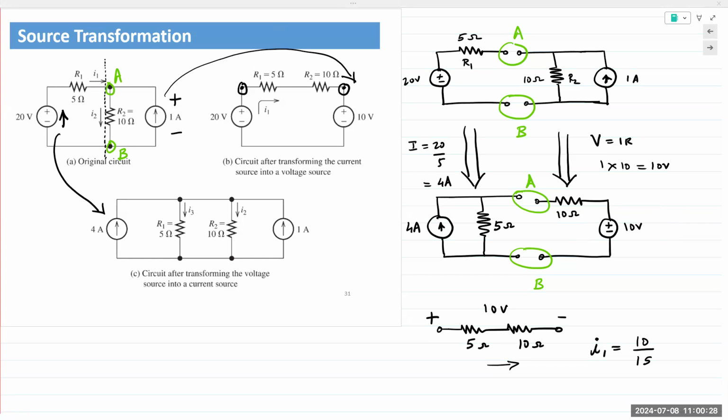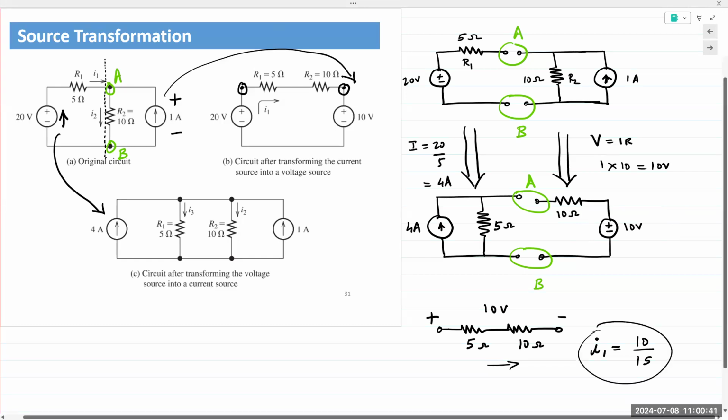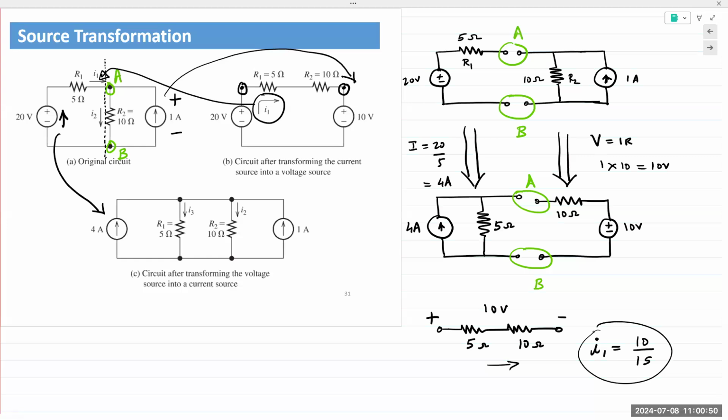Yes. That's a very good question. So the question being asked is, the I1 that we found here, is that the same I1 that is shown here? And in this circuit, the answer is yes. It again depends on how the circuit changes. Anytime you make a modification in a circuit, for our analysis purposes, the circuit changes.